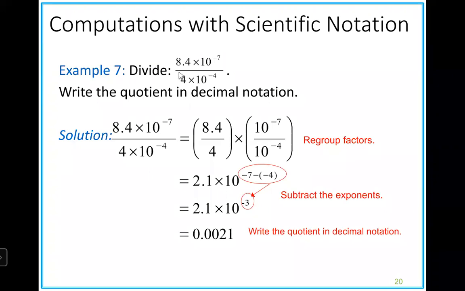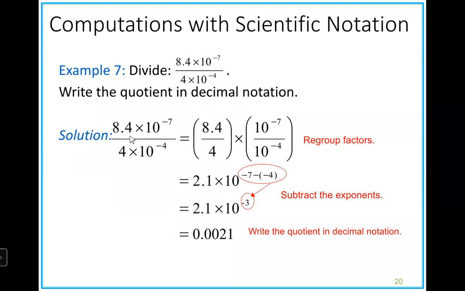You're given 8.4 times 10 to the negative 7 power divided by 4 times 10 to the negative 4 power. They want you to write the quotient in decimal notation.